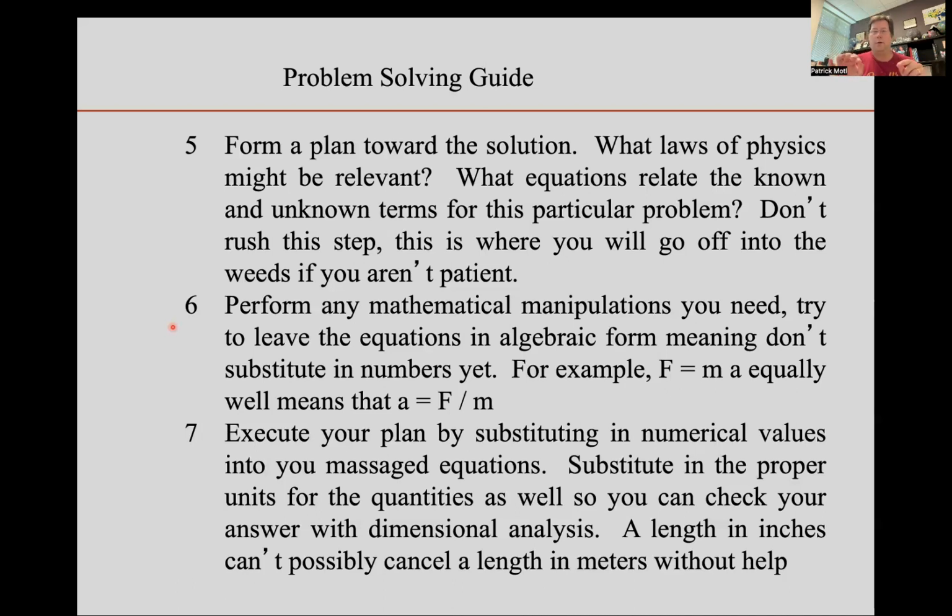And do whatever arrangements you need to do with your equation to get your unknown on one side and everything known on the other side. Or it could be a system of equations where you're going to have to do that to get a solution for each of the things you're requested or that you need to find.